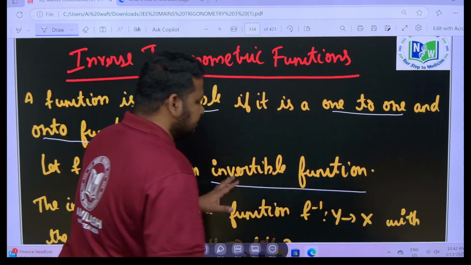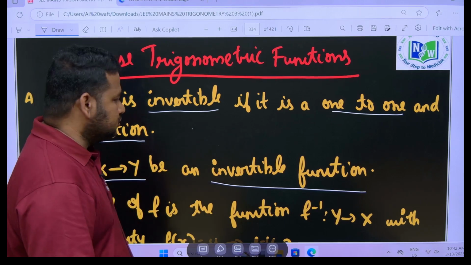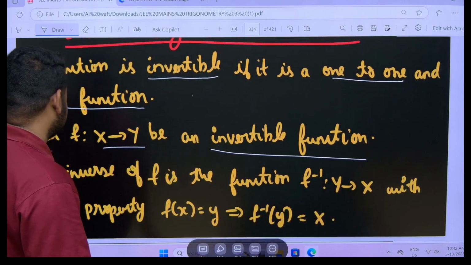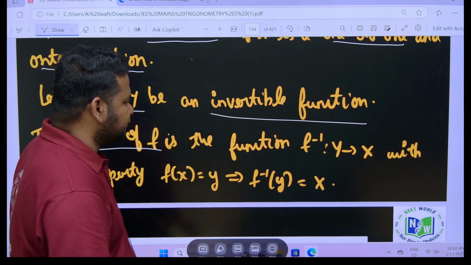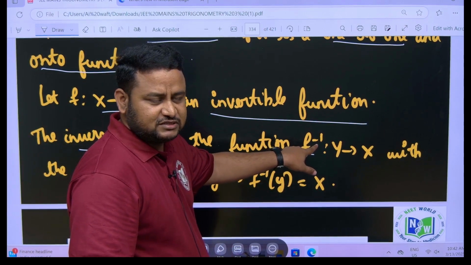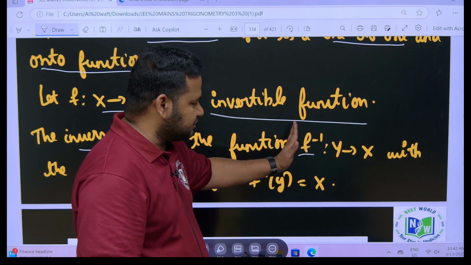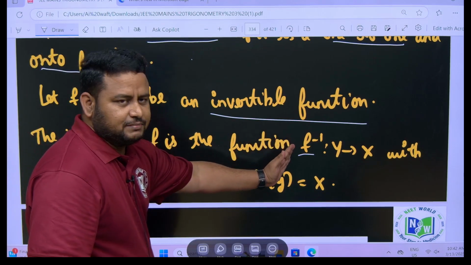Being an invertible function means it should be both 1-1 and onto. So f inverse will exist, that is, the inverse of f will exist. The function f of x becomes the inverse function f inverse of x, or just f inverse. Since we have taken only f here, this inverse function will be f inverse.